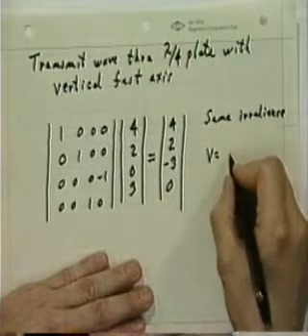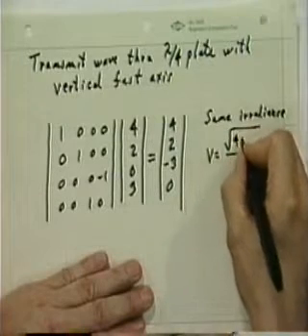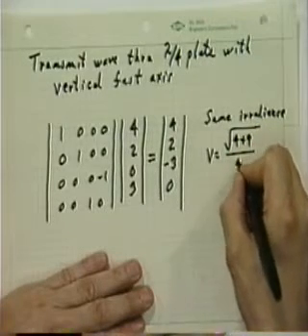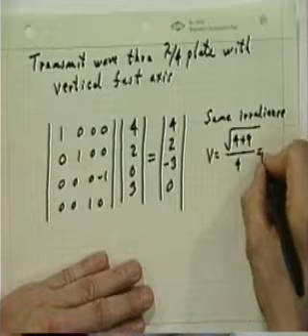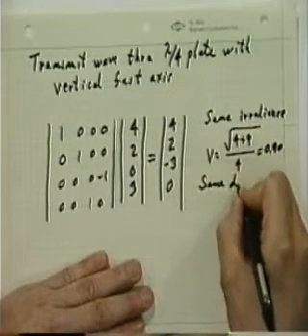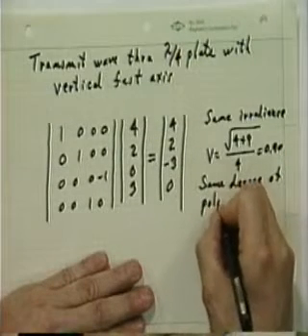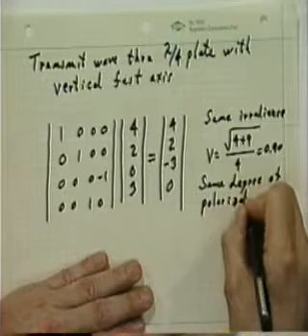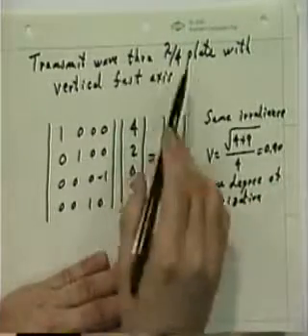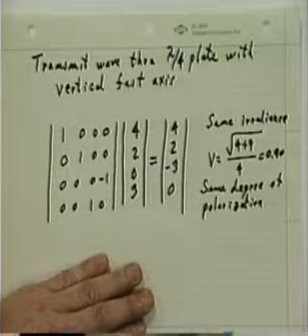V would be equal to square root of what? 4 plus 9 over 4. Same thing we had before. So same degree of polarization. And again, that's no surprise. You send it through a quarter wave plate, it shouldn't change the degree of polarization.